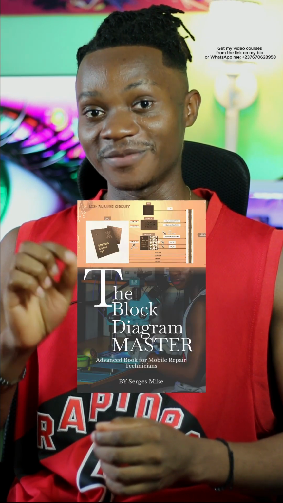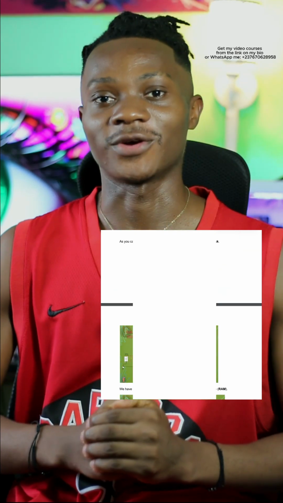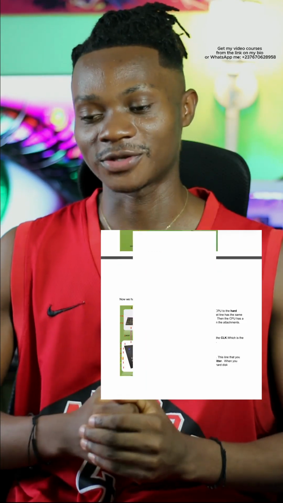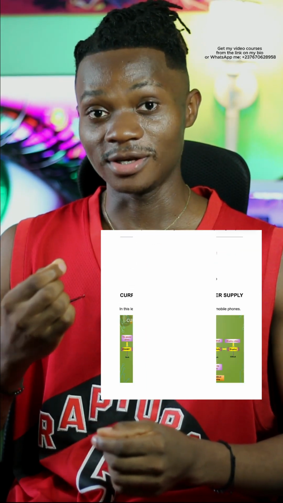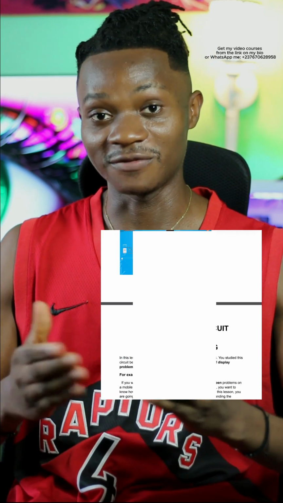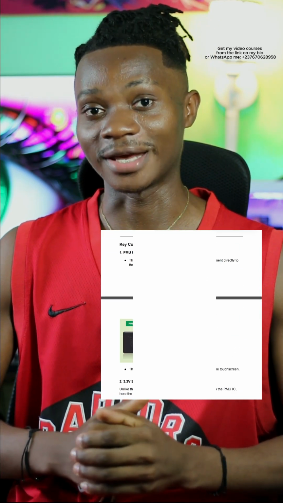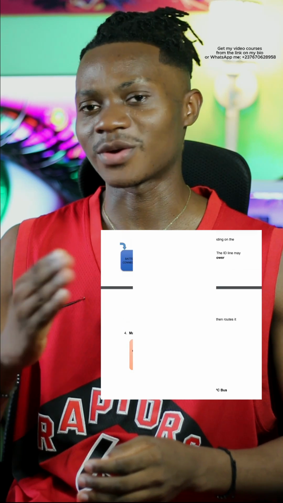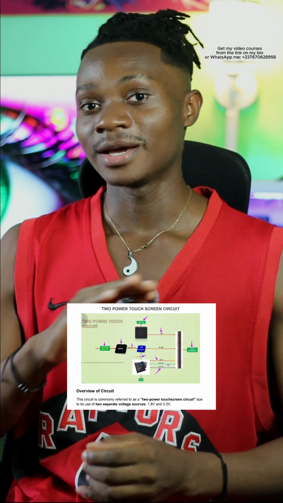So from the name, in this ebook you are going to learn about every single circuit in a mobile PCB, and this ebook will be all about block diagrams. So what about the block diagrams? It means that in this ebook you will learn and understand how every circuit in a mobile PCB is connected. You won't just learn about how the circuits are connected, you will learn about the power supplies and the signal lines.